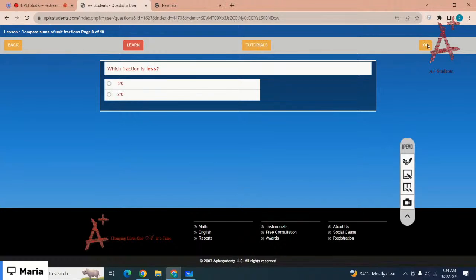Which fraction is less? 5 by 6, 2 by 6. So which fraction is less? Yes, 2 by 6 is less than 5 over 6, right?